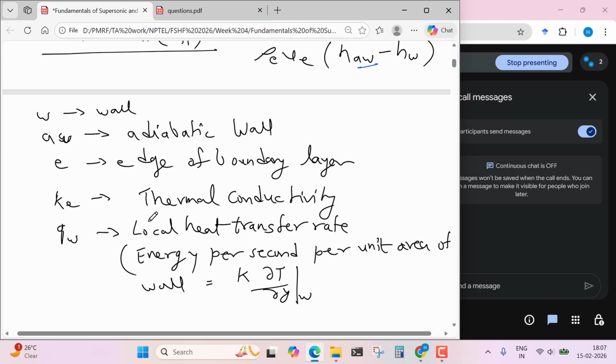K is thermal conductivity, Qw is local heat transfer rate, which is given by energy per second per unit area of wall, which is equal to K dT upon dY at the wall. It means that this derivative is taken at the wall.